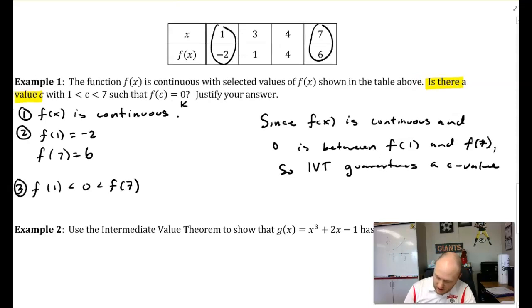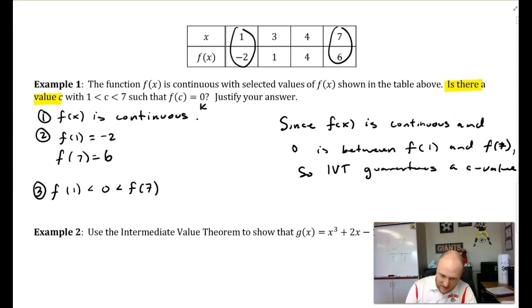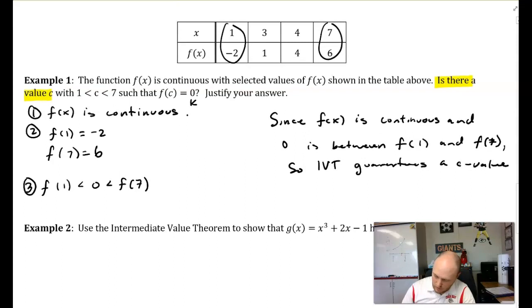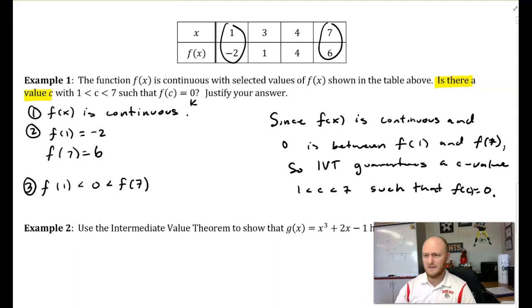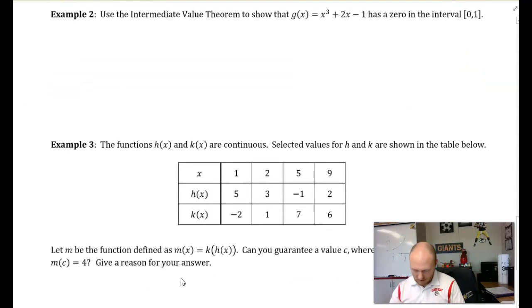And here I'm just going to copy what they said. A C value with 1 less than C, which is less than 7, such that f of C is equal to 0. Okay? All right. Here we go.